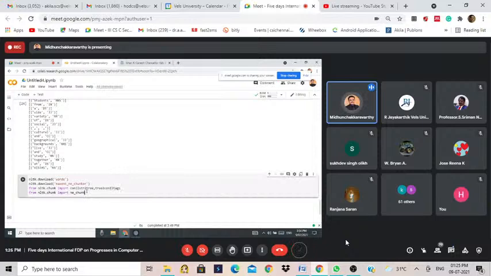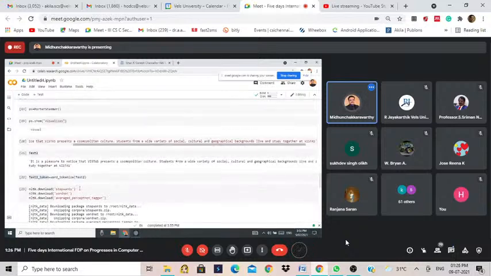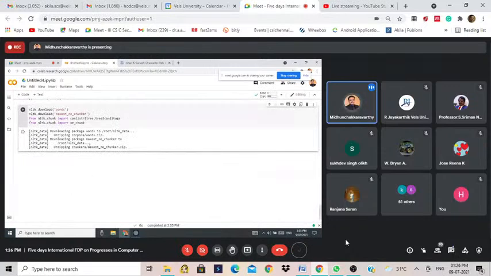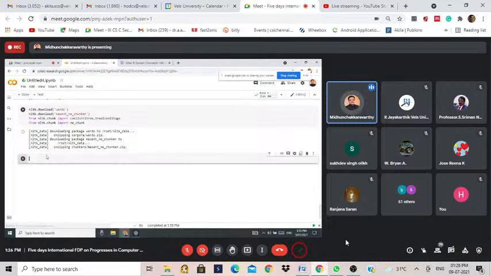I have incorporated these two, and fine. Pivot stack I have already done. Let me download all these. Then I go for the text. It's getting downloaded. Yes, done. So now I go with the code.